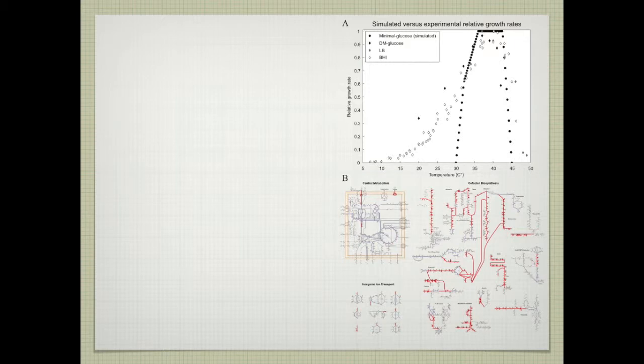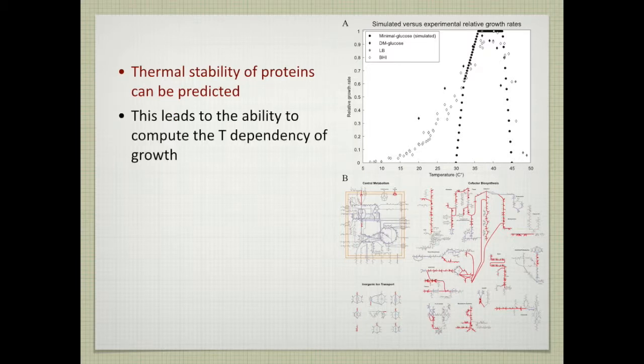And that is shown in the top right portion of this slide. So basically what's done here is that we can calculate the Vmax as a function of temperature, as I said. You can then vary the temperature and trace out this curve that shows growth rate as a function of temperature.